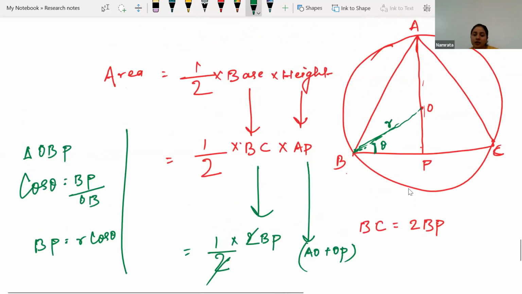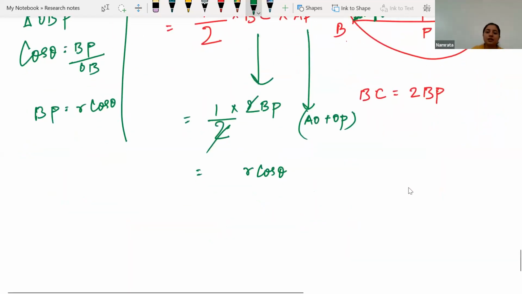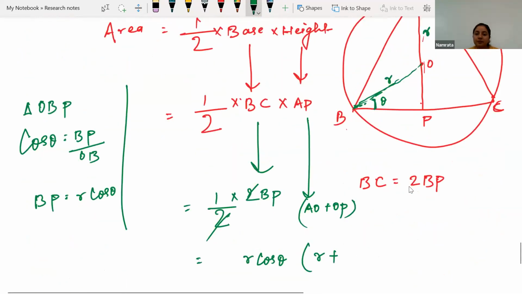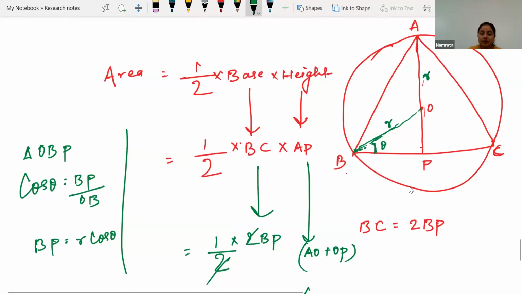Now AO plus OP. AO is nothing but again the radius only. So AO is R. And what about OP? Again we will be using the radius, this triangle, and this side. This side is the perpendicular, so we can use sine theta.